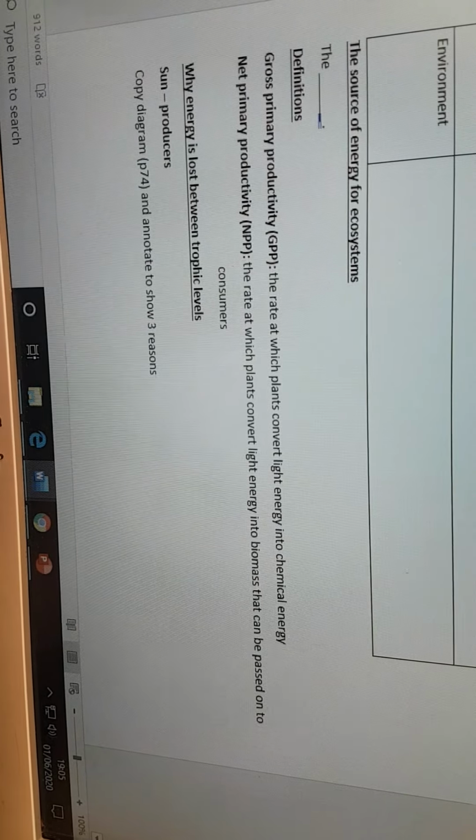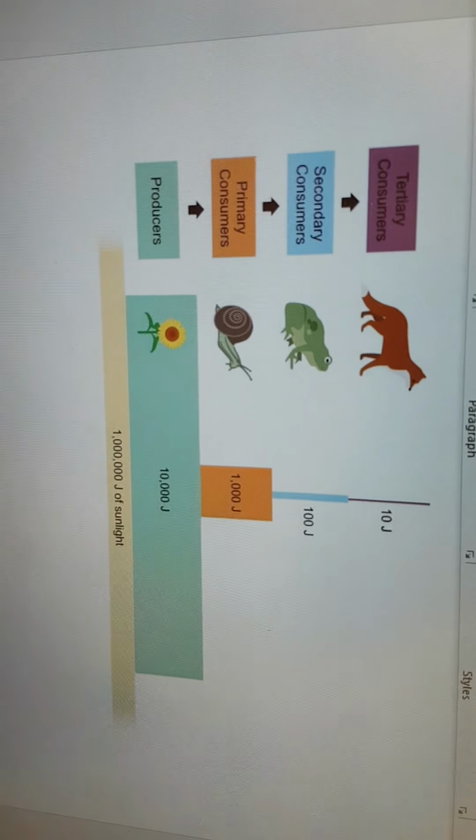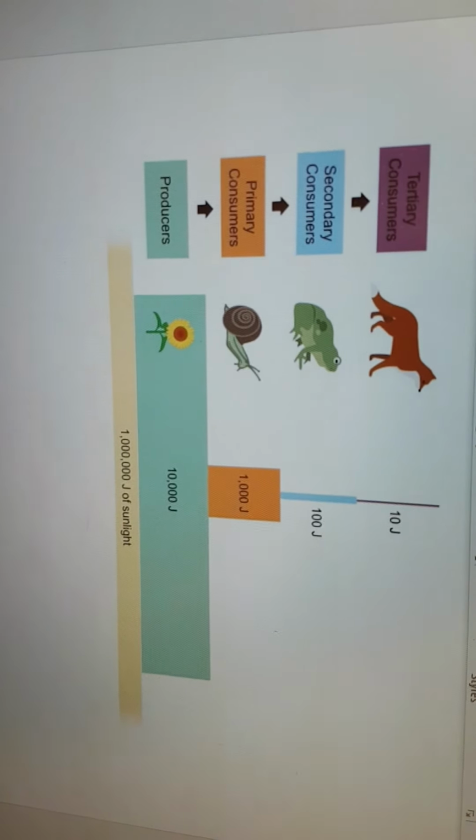Let's illustrate them. Now, as this pyramid of energy that I showed you earlier shows, plants are actually remarkably inefficient at converting light energy into chemical energy. Percentage efficiency shown there, 10,000 out of 1 million. Quickly work it out, and shame on you if you're reaching for a calculator.